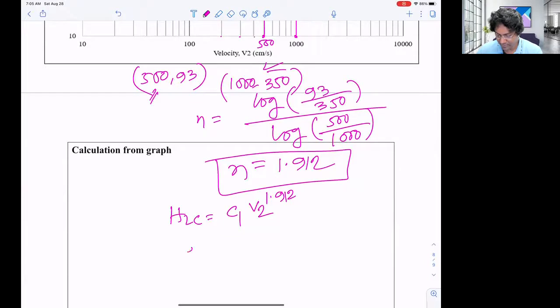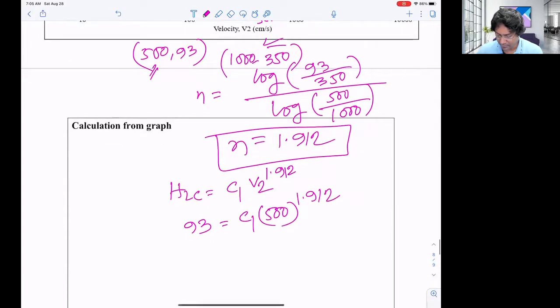So we can use the first point as usual. So that will be 93 is equal to C1 unknown, times 500 to the power 1.912. So the value of C1 is 93 divided by 500 to the power 1.912. So we're getting 6.425 into 10 to the power minus 4, right?